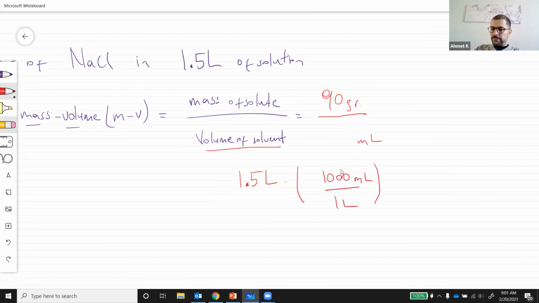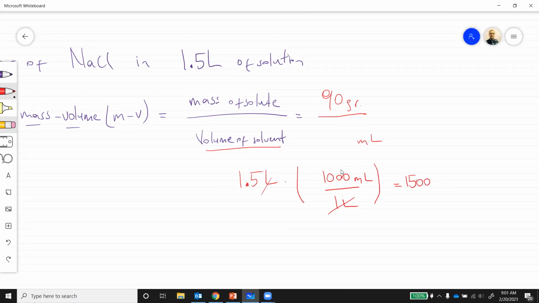If you do the math, liter is cancelled out, and you're going to get 1500 milliliters.